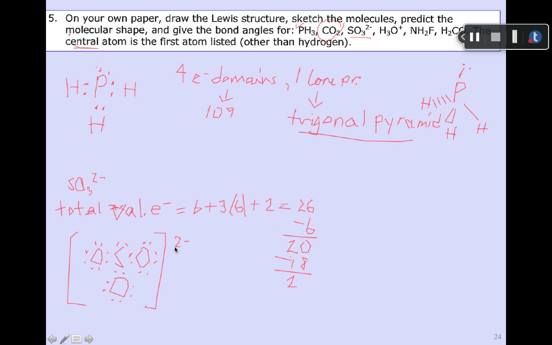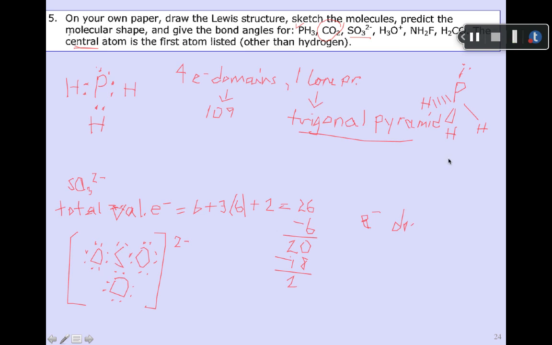Is this one going to have the same procedure? We'll figure out how many electron domains, and the number of electron domains is very similar to something we've seen at the top half of the screen here.